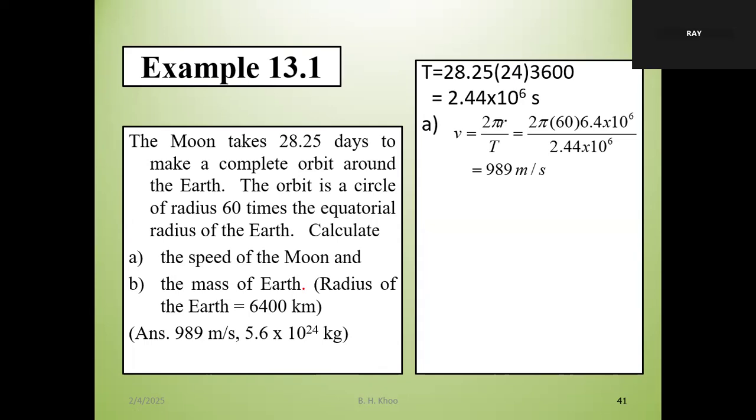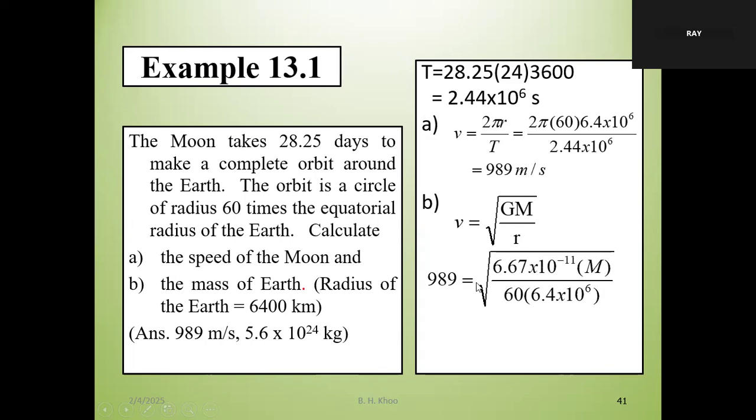How to calculate the mass of the Earth? Use our equation that we derived just now, v squared equals GM over r. r is the radius of the orbit. Put in the equation.